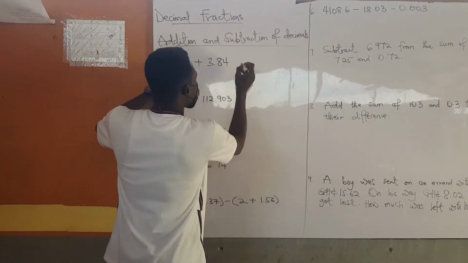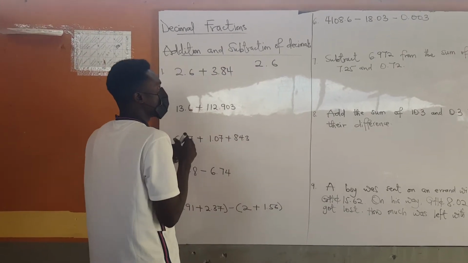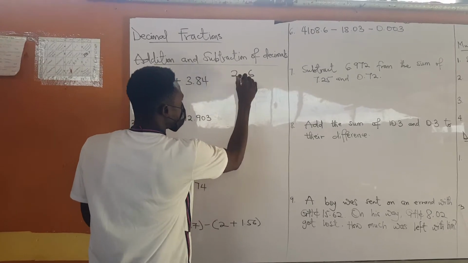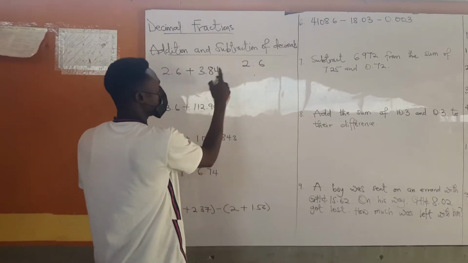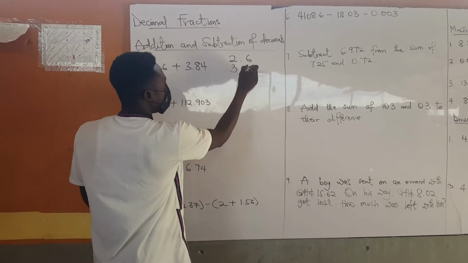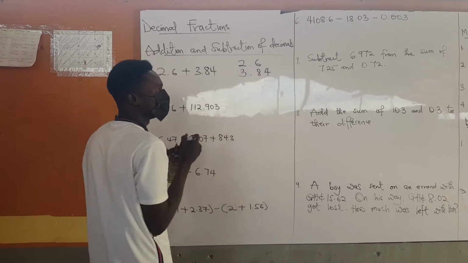So in adding this, I'm going to say 2.6. If you look at this number, the point is written here. The place for this 3 is ones. The place for the 8 is tenths. And that of the 4 is hundredths.